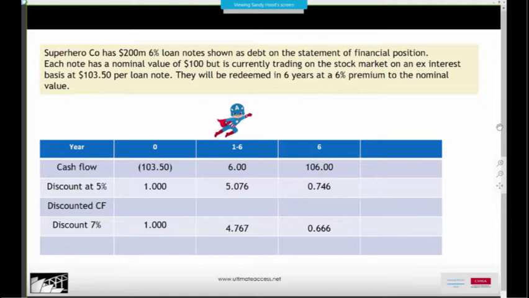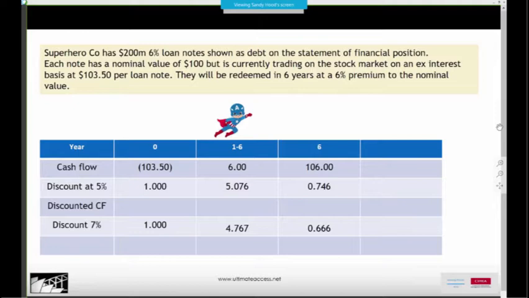And I think the more you do these, the more of a clue you get. One of the clues is often that if your bond is trading at a higher amount than the nominal value, you can usually guess that the bond is paying a higher rate than the market.